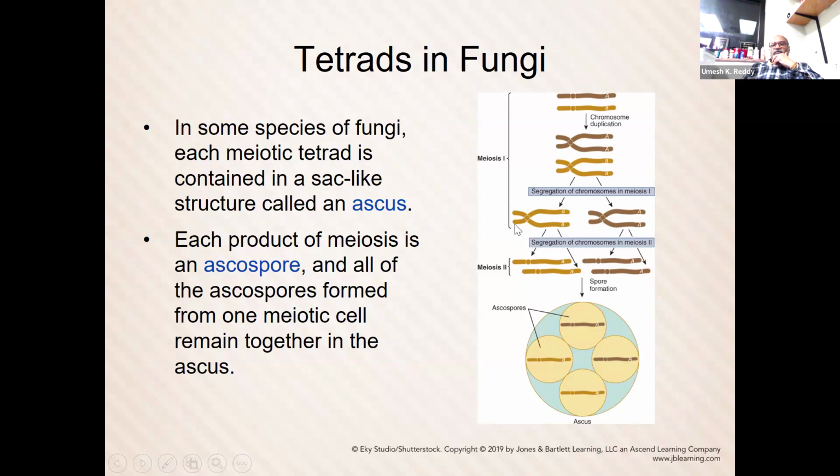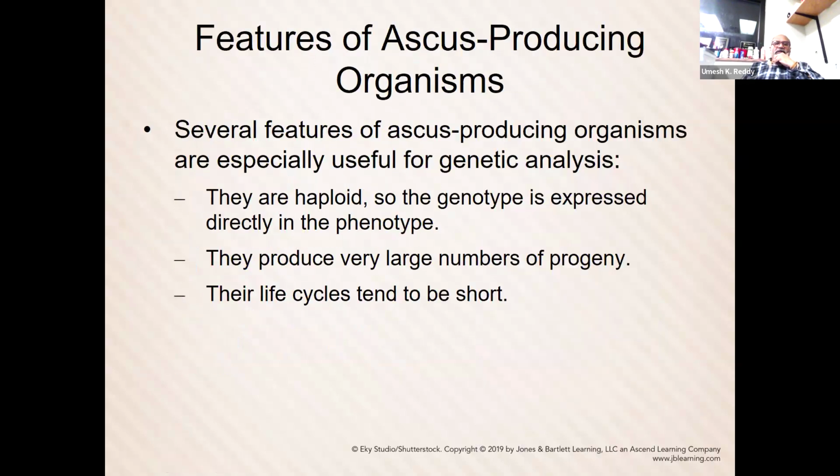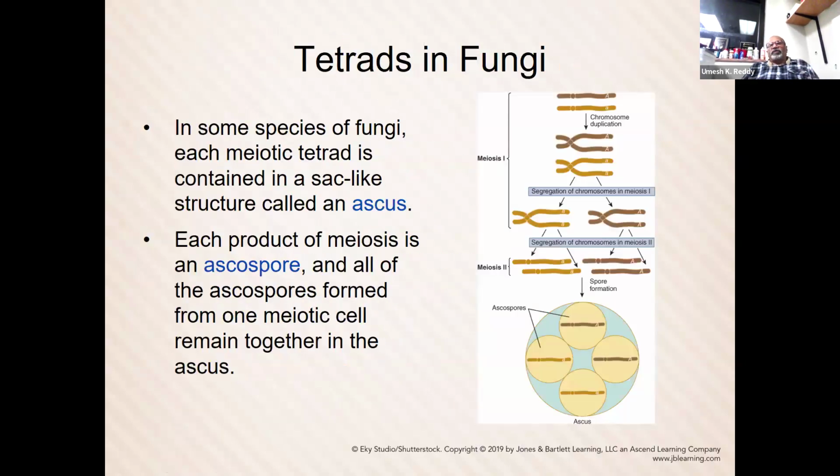One homologous chromosome goes to one place and the other goes to the other place. And when the spore formation happens, you have ascospores with different chromatids. This is called an ascus. Okay. Here we should have put another slide to understand 2 different genes.